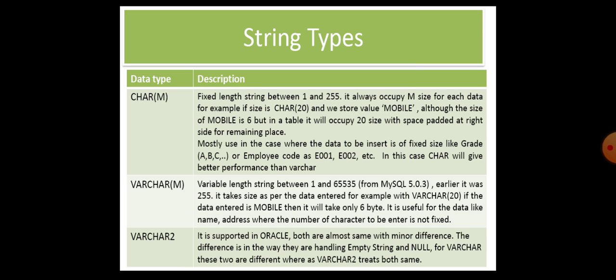We have only 6. But in the table, it will occupy 20 size with spaces padded at the right side for the remaining places. That means the compiler automatically adds blank spaces in the spaces which are not filled by the user's data.